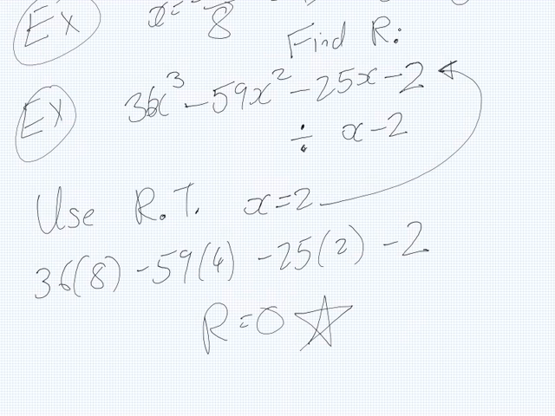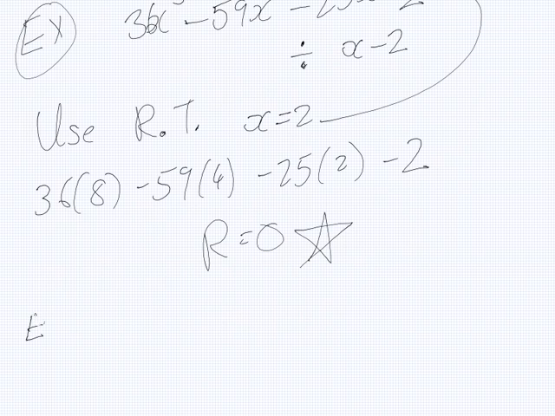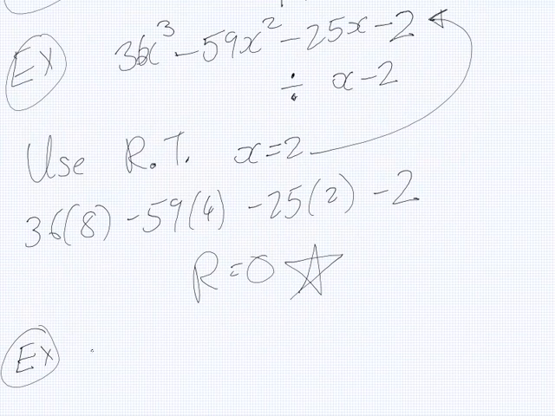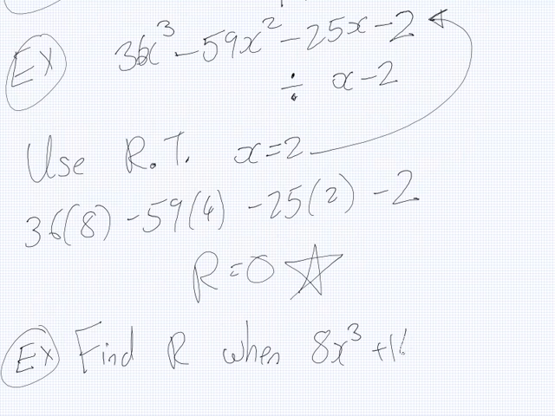That's what I'll do. Can I scroll down a little bit? Yeah? Okay, what I want is find the remainder when 8x cubed plus 14x squared plus 5x plus 2 is divided by 2x plus 1.